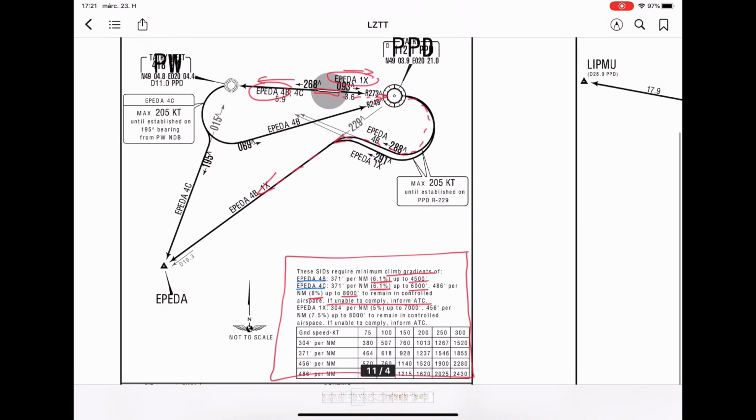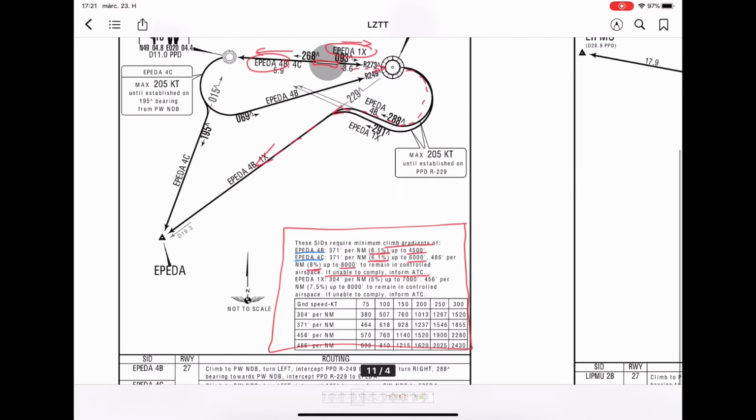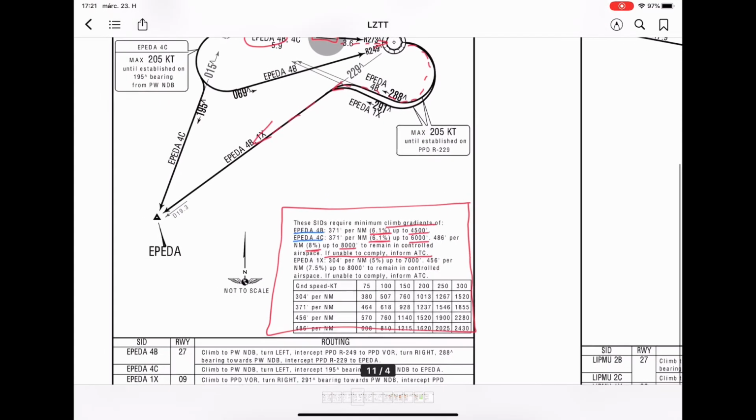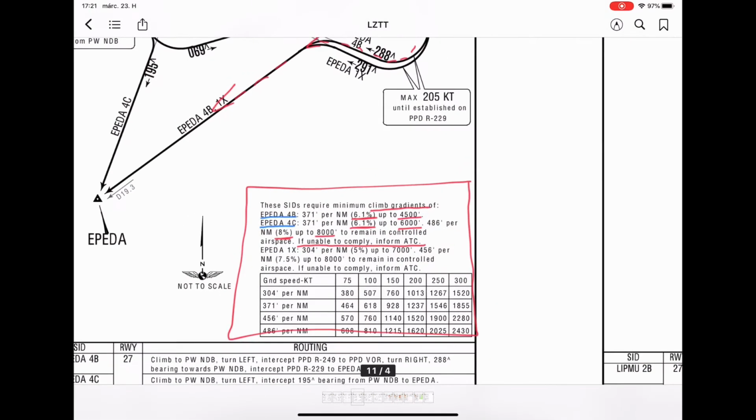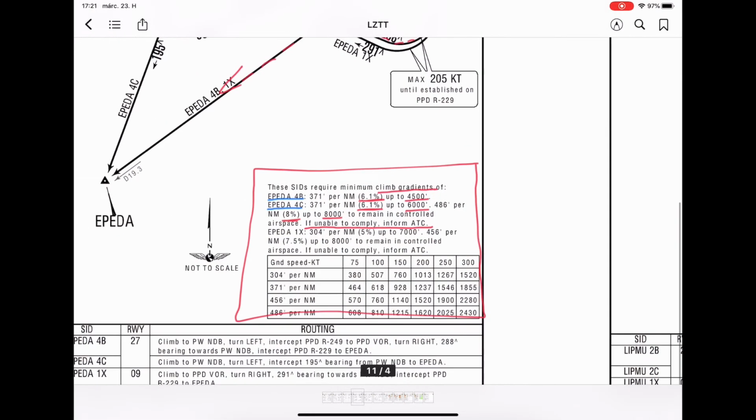And we'll see a bit later that these things are very dynamic. Just like, if you remember, the climb limited takeoff mass and the runway limited takeoff mass are not the same for a given airplane from one day to the other. It's the same thing with these climb gradients. It's going to be very dynamic.